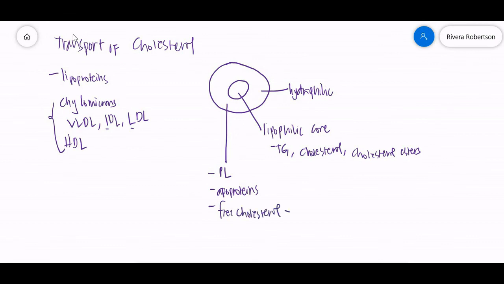Now, the free cholesterol that can be found on the outer surface helps to stabilize and maintain the shape of your lipoproteins. Now, the apoproteins, aside from increasing hydrophilicity, are also responsible for binding to receptors.